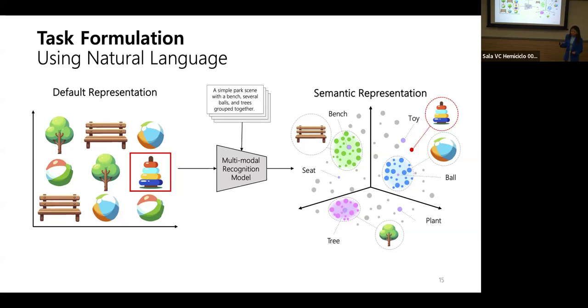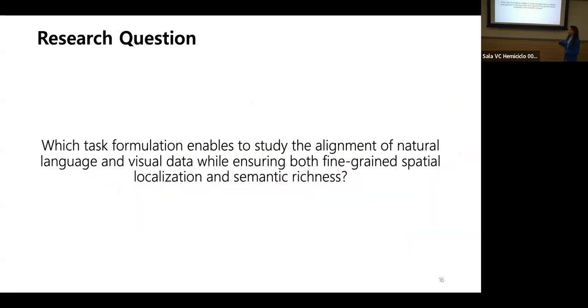And this is similar to how we humans describe unfamiliar concepts, when we don't know a new object, by describing it with the semantic knowledge that we have from the past. So that's why we propose the specific research question: which task formulation enables us to study the alignment of natural language and visual data while ensuring both fine-grained spatial localization and semantic reasoning?